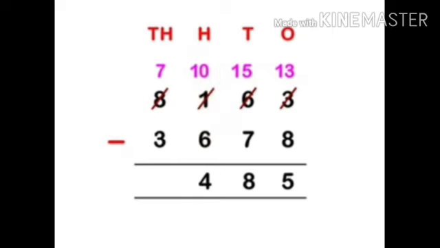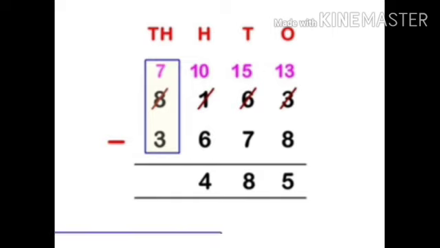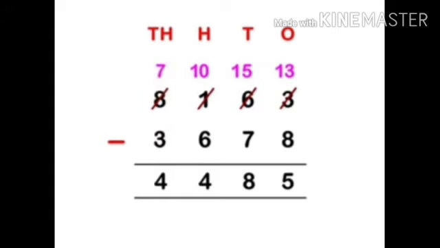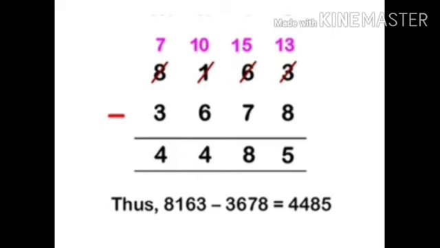Subtracting thousands. 7 thousands minus 3 thousands is equal to 4 thousands. So write 4 under the thousands column. Thus, 8163 minus 3678 is equal to 4485. Let us take up one more example.